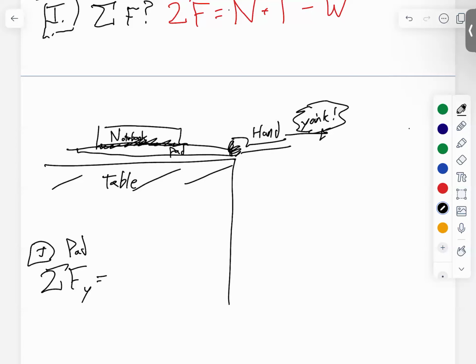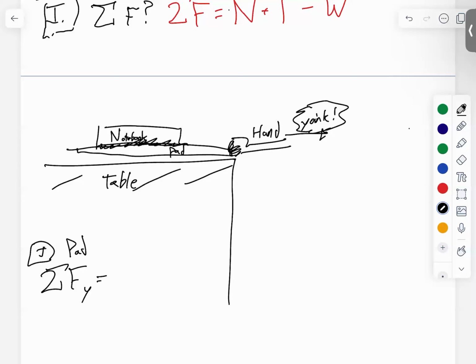Which causer, and of what? What's the first subscript? Table. Second subscript? Pad. I had a couple of people write PT. That would be what the table feels, and TP is what the pad feels. So the second force is N_TP.